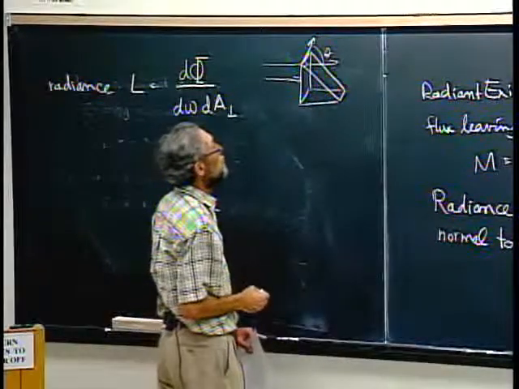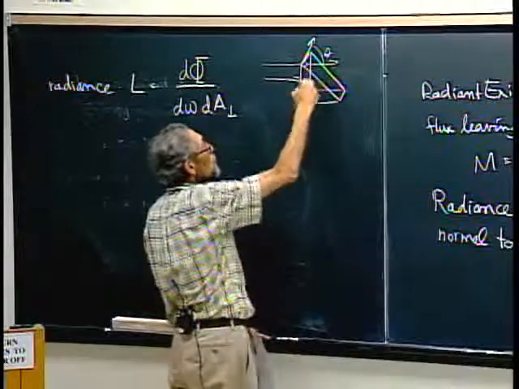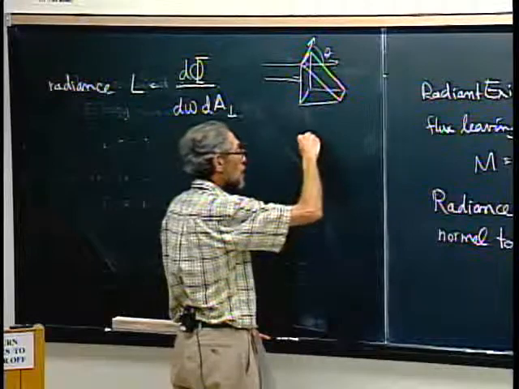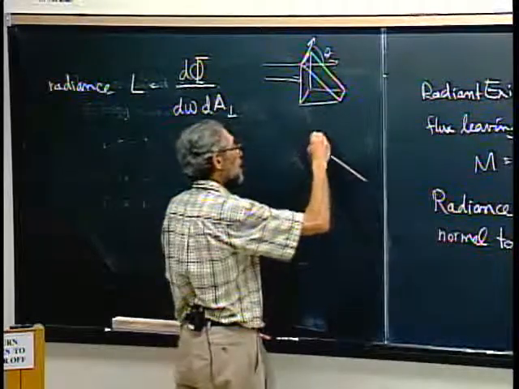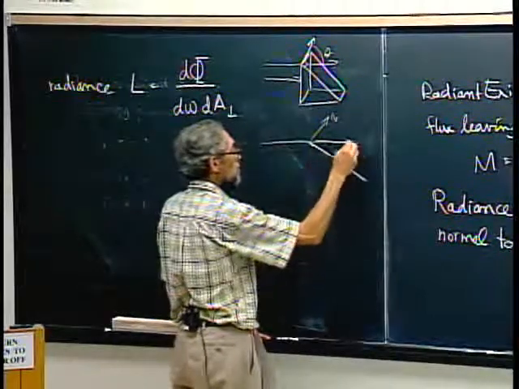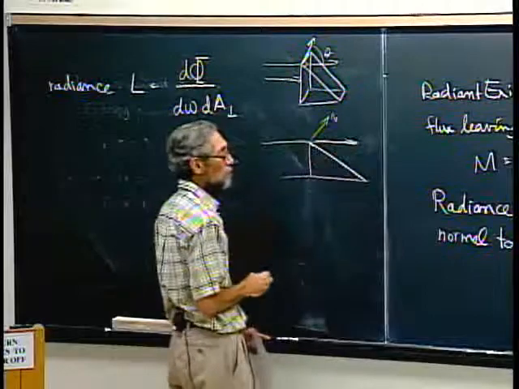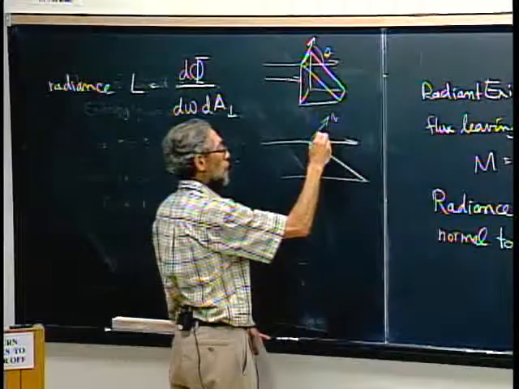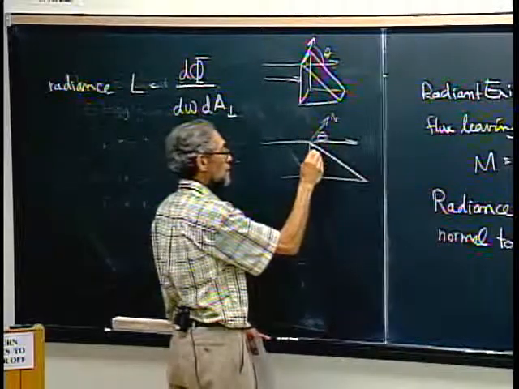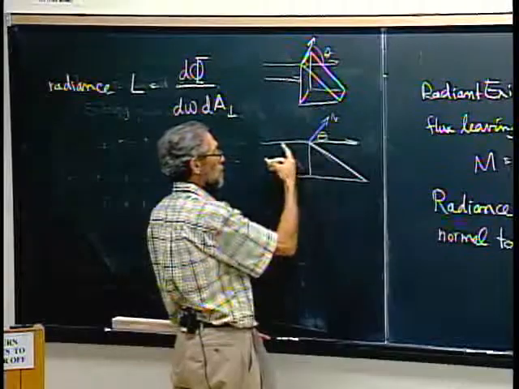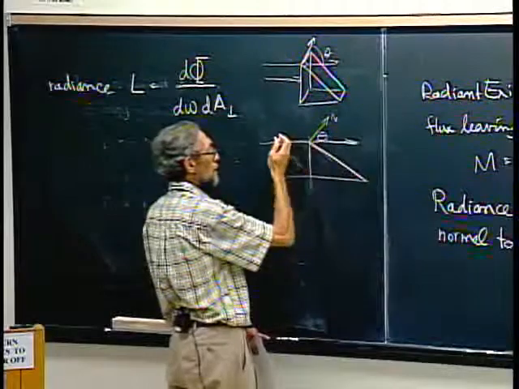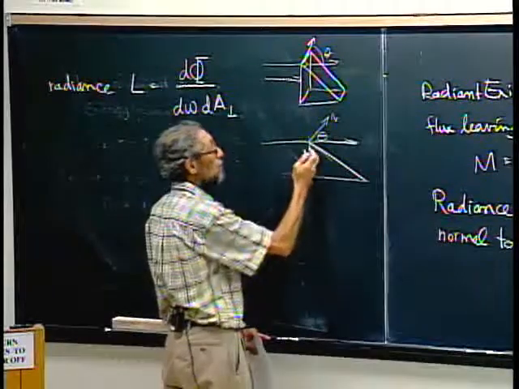I have the same kind of picture I was drawing before, right? I'm confusing it with the 3D picture. Let's just draw the 2D picture of the sort I had before, where here is an area, and here is its normal. And here's the direction that the beam is going, and that I'm also projecting onto this area. And this was my, now I'm going to call it theta instead of alpha, because that's what the book does in this context. Because this n is perpendicular to this surface, and the beam direction is perpendicular to the surface normal to the beam.